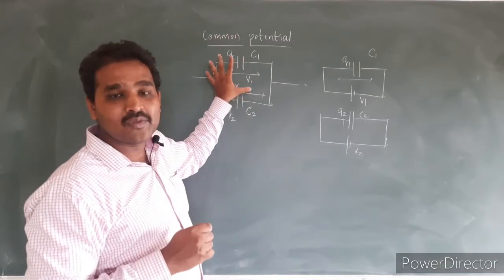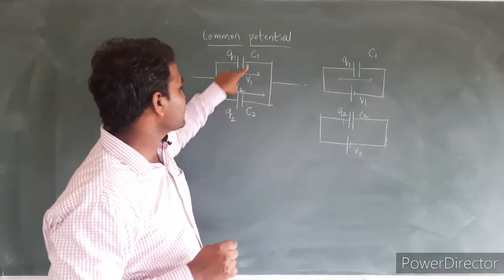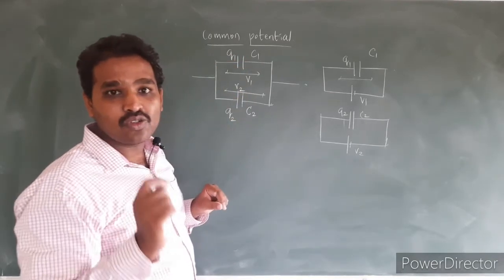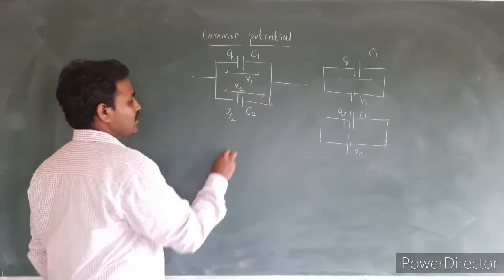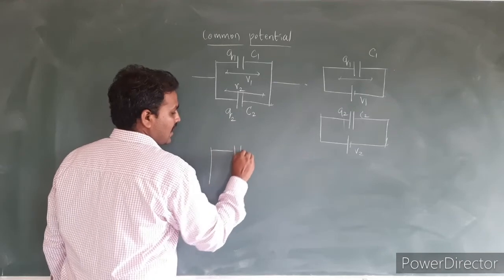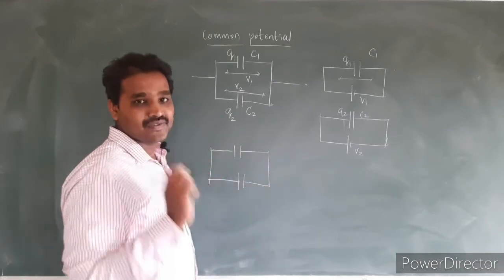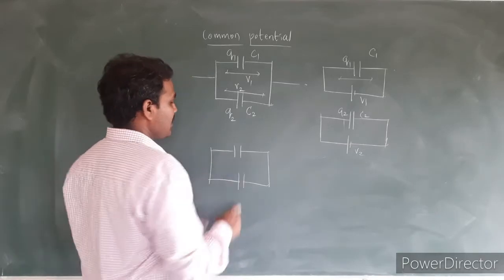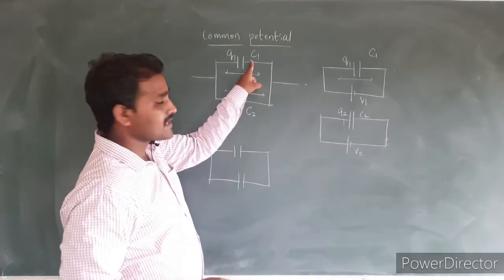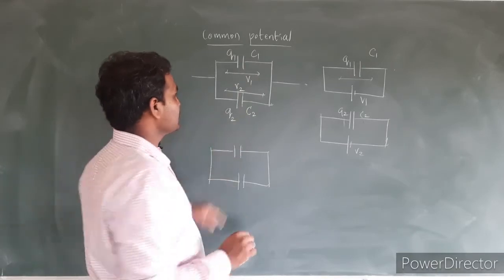And this process will continue until the potential in the first capacitor and second capacitor become equal to each other. At equilibrium condition, after a certain time, the charge flow stops. When that happens, the potential in the capacitor C1 as well as the potential in the capacitor C2 will be equal to each other.